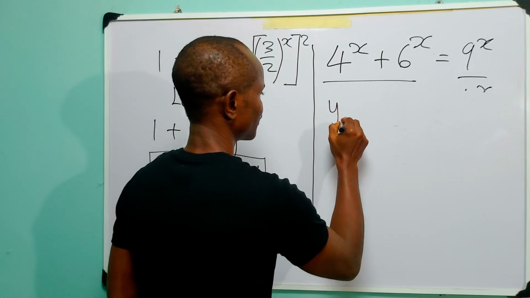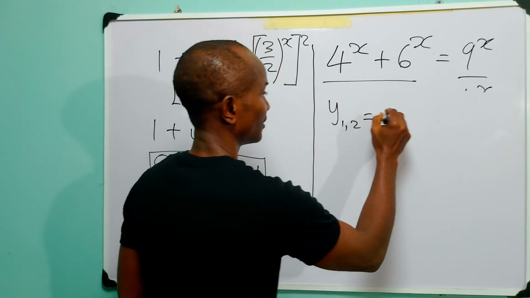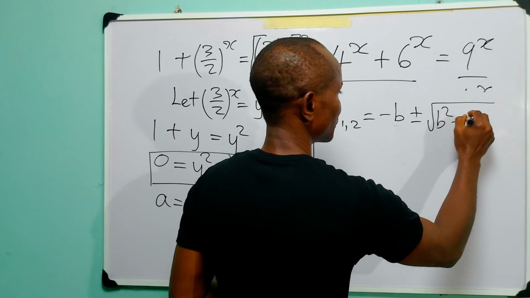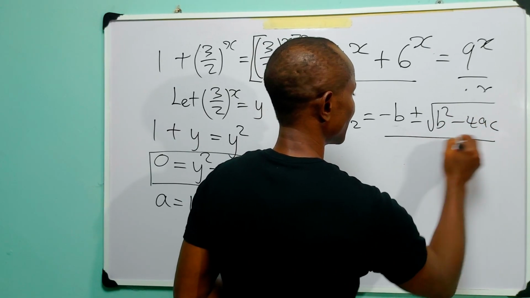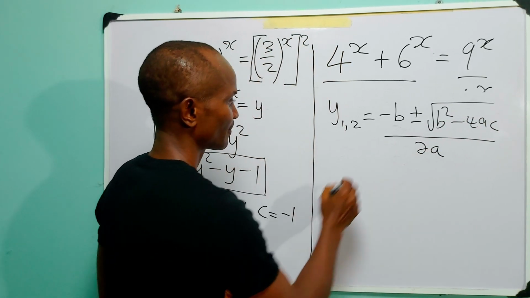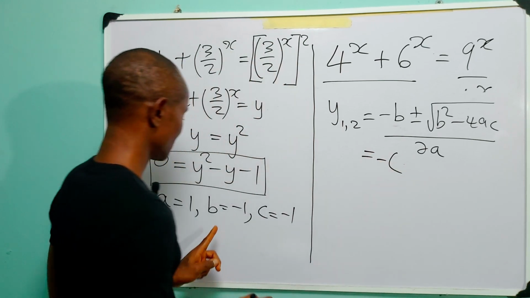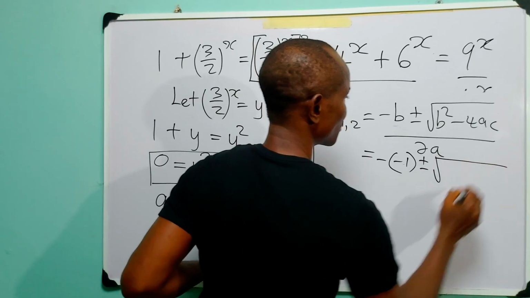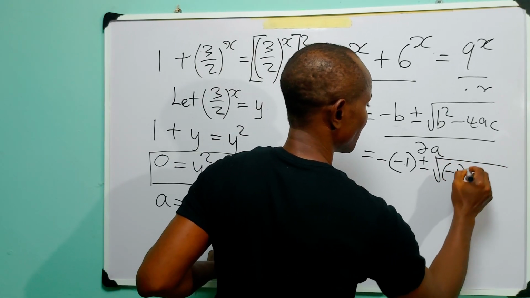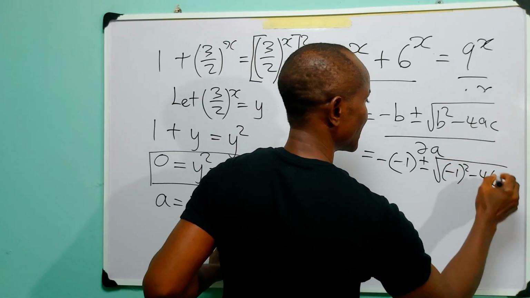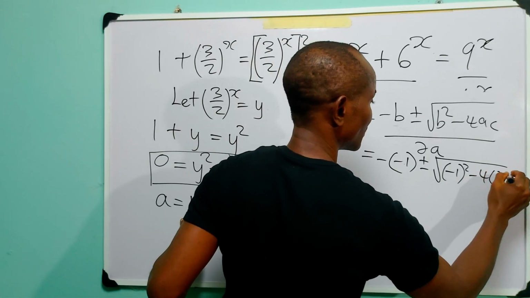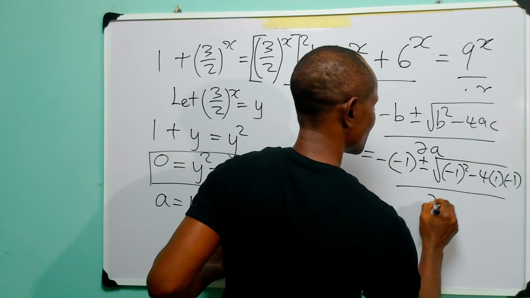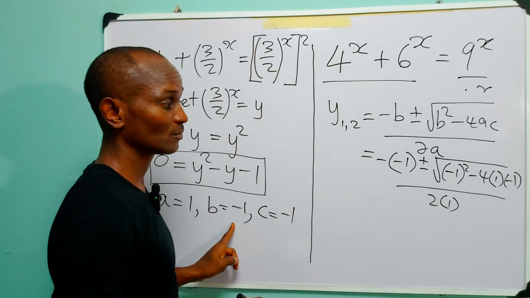And of course, we have the quadratic formula, minus b plus or minus square root of b squared minus 4ac divided by 2a. So we have minus minus 1 plus or minus square root of -1 squared minus 4, a is 1 and c is -1, all over 2 times 1, which is a.